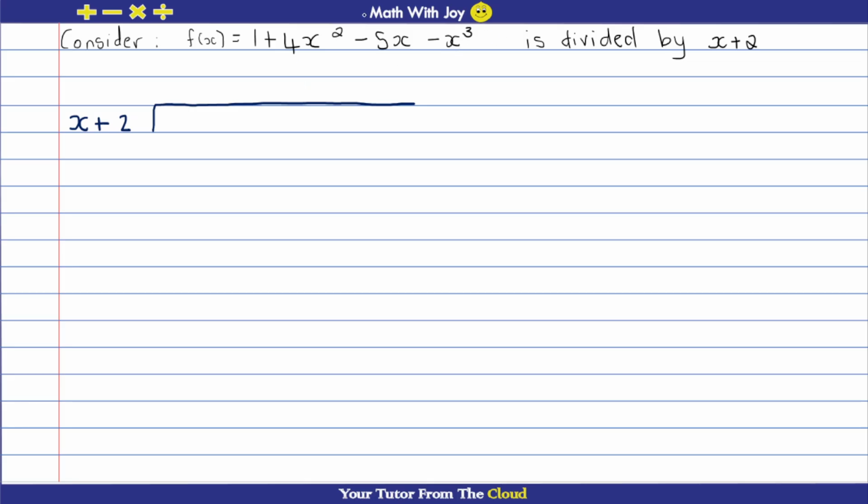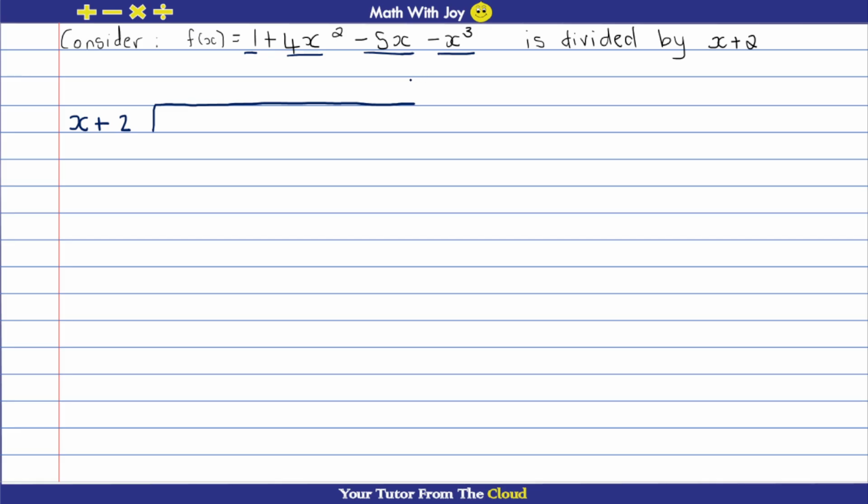Then you want your cubic polynomial written in standard form, meaning you need to rearrange it in descending powers of x. So we have this term, that term, that term, and the other term. All right, so there are 4 terms.